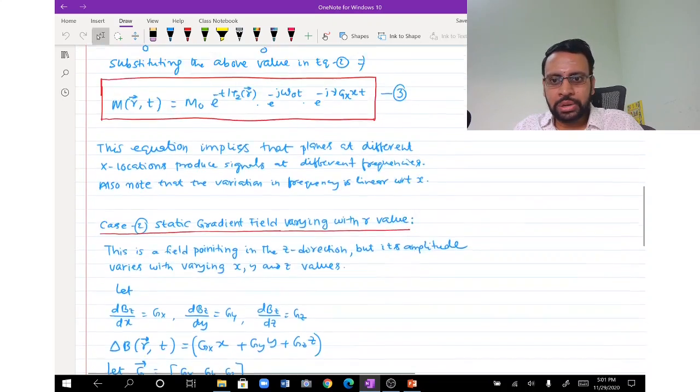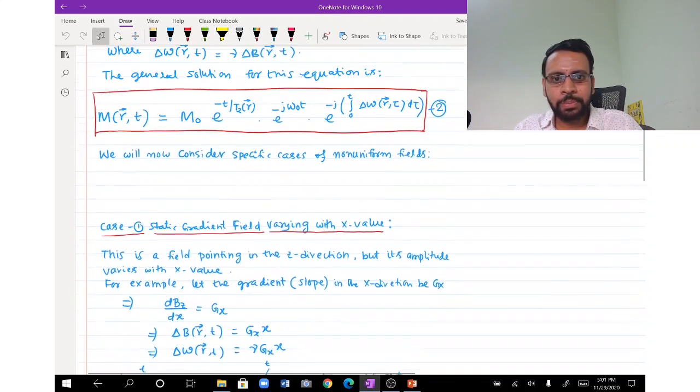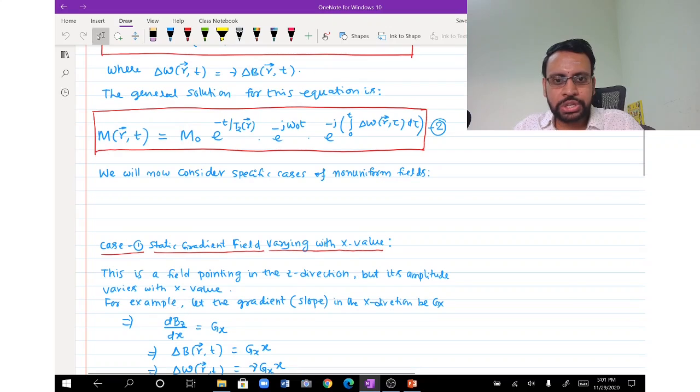Now again, what do you need to do to compute the M bar value? Here you substitute this value. So delta omega in this place is gamma times g bar dot r bar, integrated with respect to time from 0 to t.